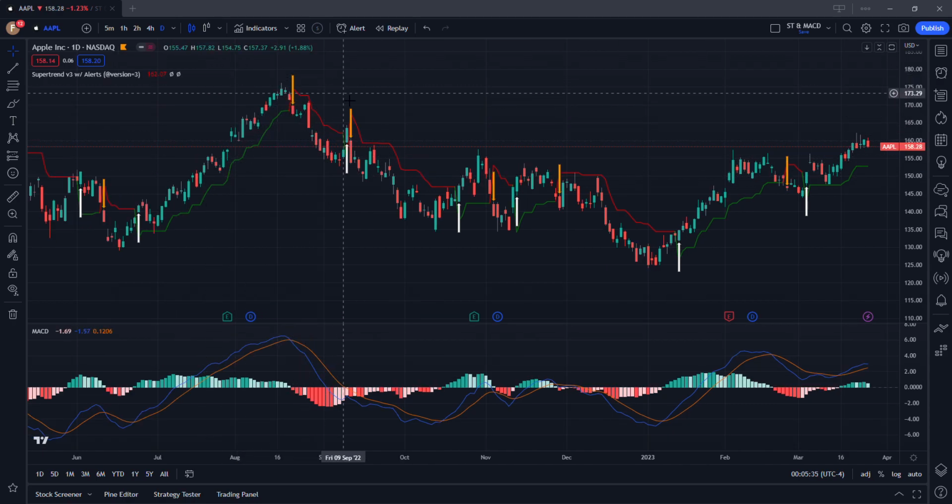Your criteria for the trade setup should be: if the sell signal appears on SuperTrend, sell the stock. If the histogram turns from green to red or starts shrinking from green towards red, sell the stock. And if the MACD line and signal line intersect, you must sell the stock.